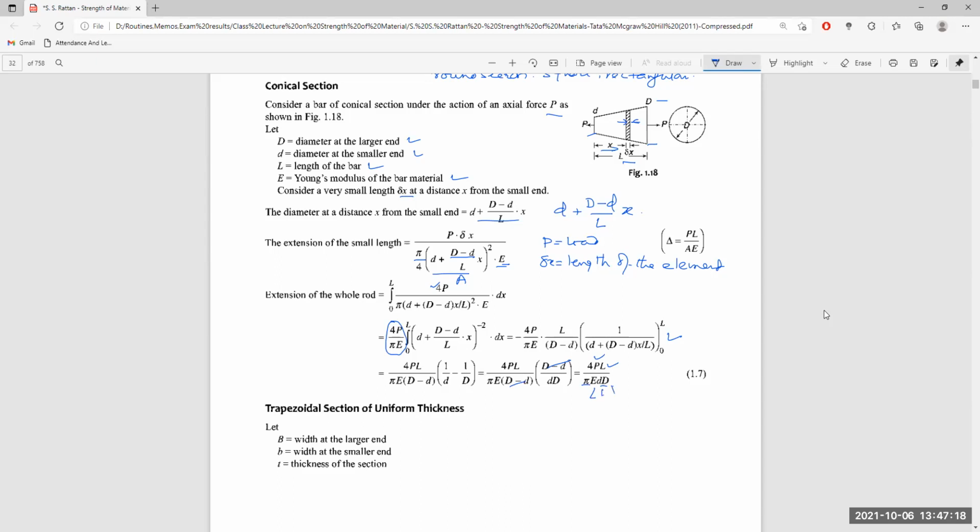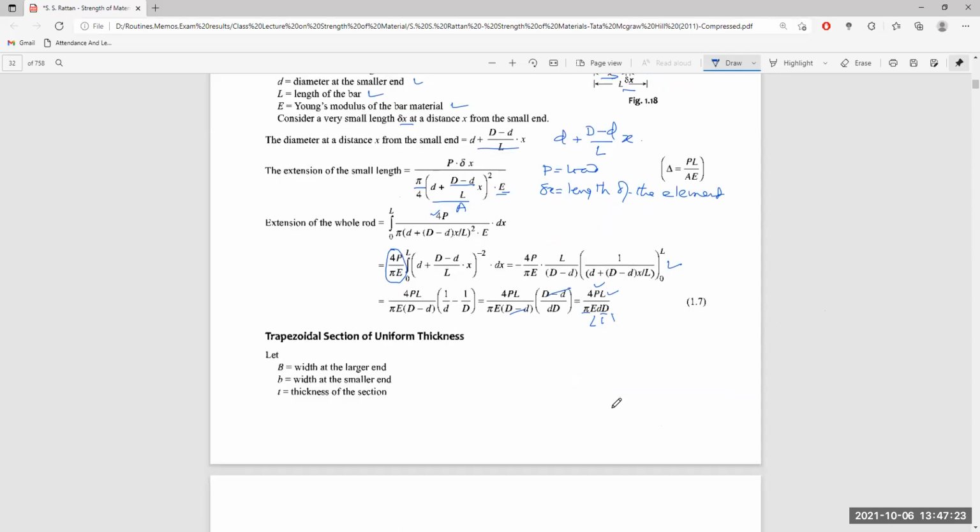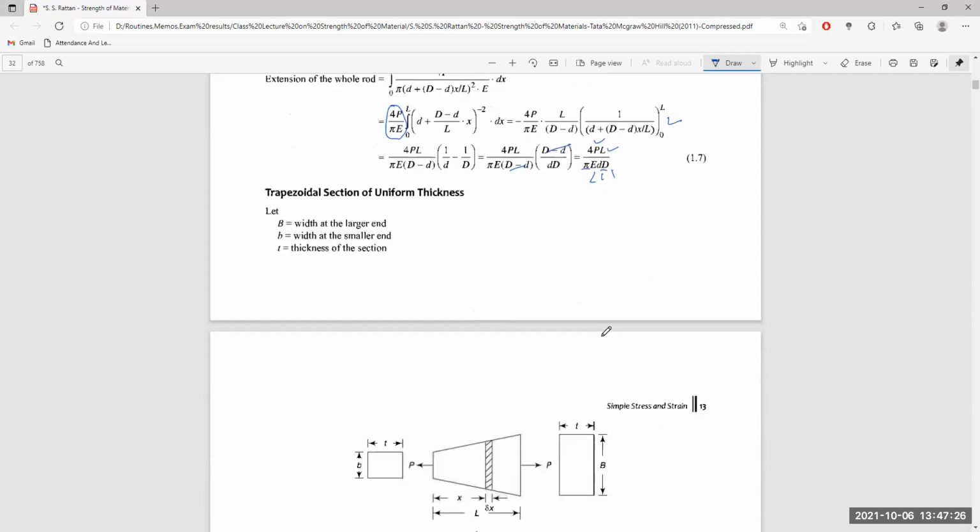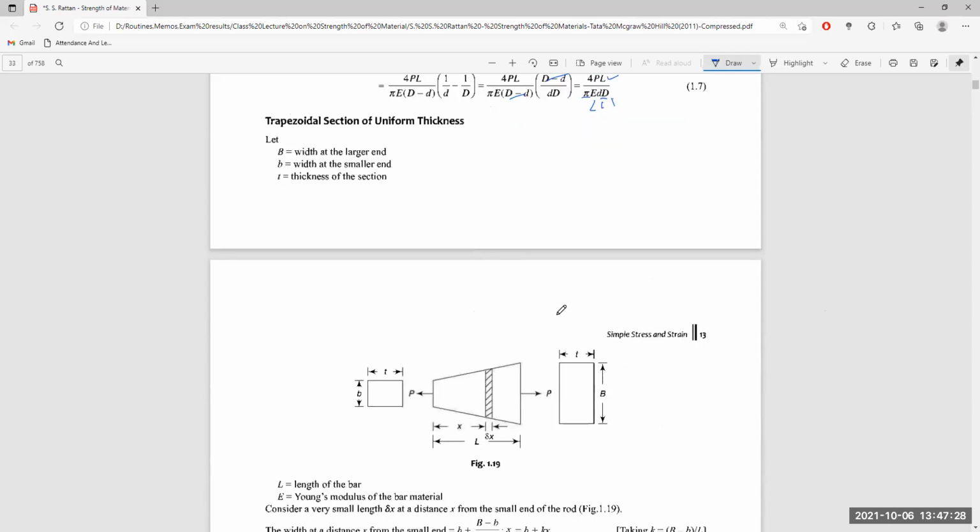Now let us go for the trapezoidal section of uniform thickness. The section is rectangular in shape. Capital B is the width at the larger end and small b is the width at the smaller end.